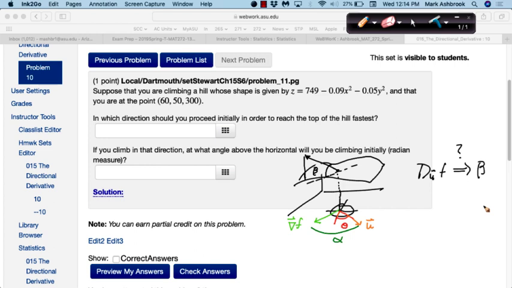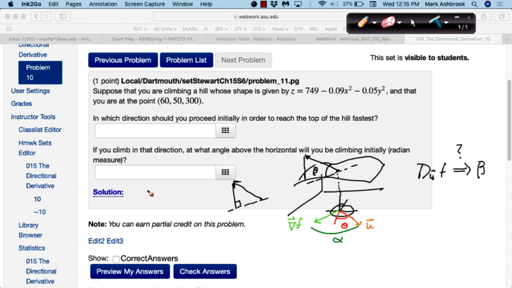What's the relationship between rate of change and angle of ascent or angle of descent? You think of it in terms of a triangle.